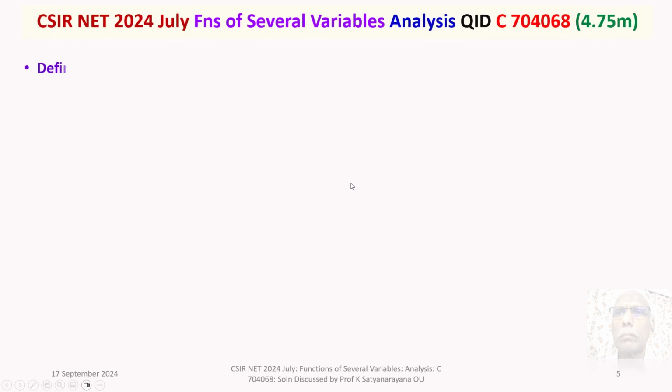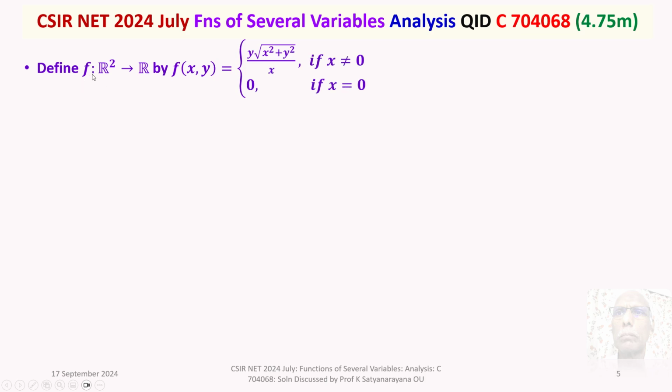The given question is: define a function f from R square to R, where R is the set of real numbers, given by f of x comma y equals y times the square root of x square plus y square, whole divided by x, when x is not equal to 0, and equals 0 when x is 0.